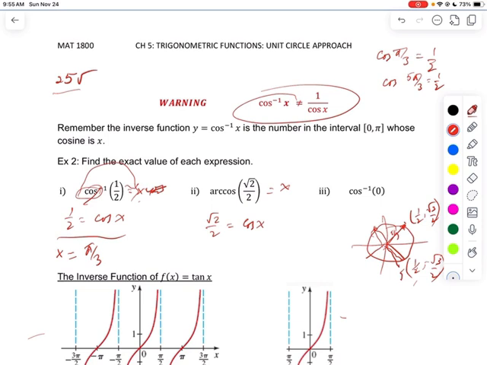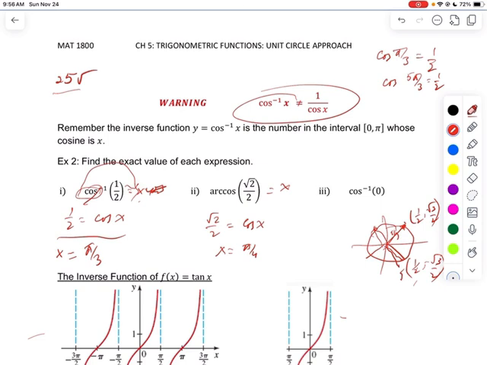We might say both, but remember we are looking at the inverse function, so it will be only one value. Inverse functions have only one value. Because we are now looking for values in 0 to pi, cosine inverse of 1/2 will give you x equal to pi over 3.